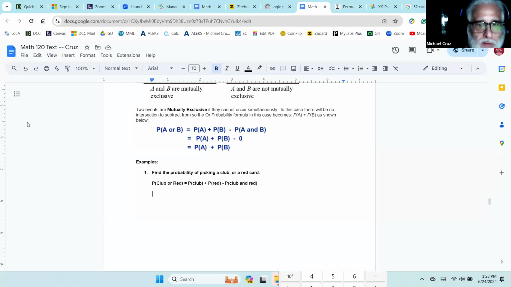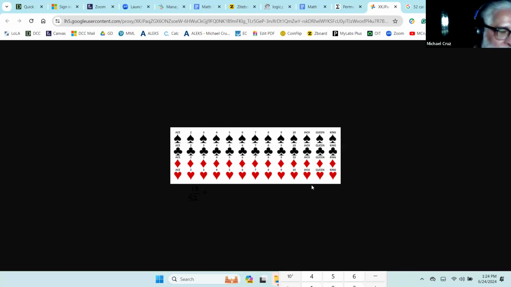So the probability of a club is 13 over 52. The probability of red, well, red is half the deck. In other words, 26 cards are red.